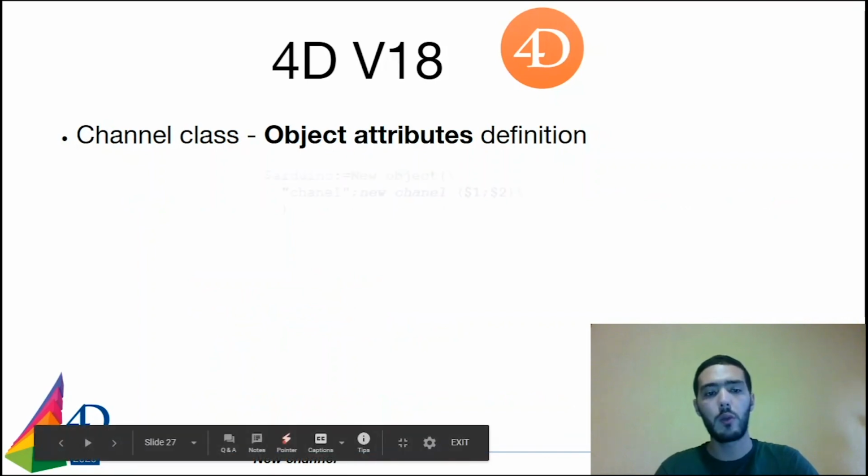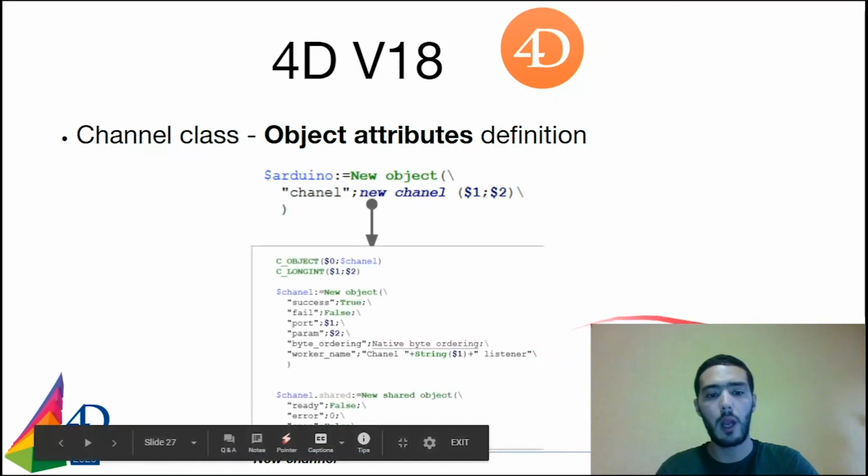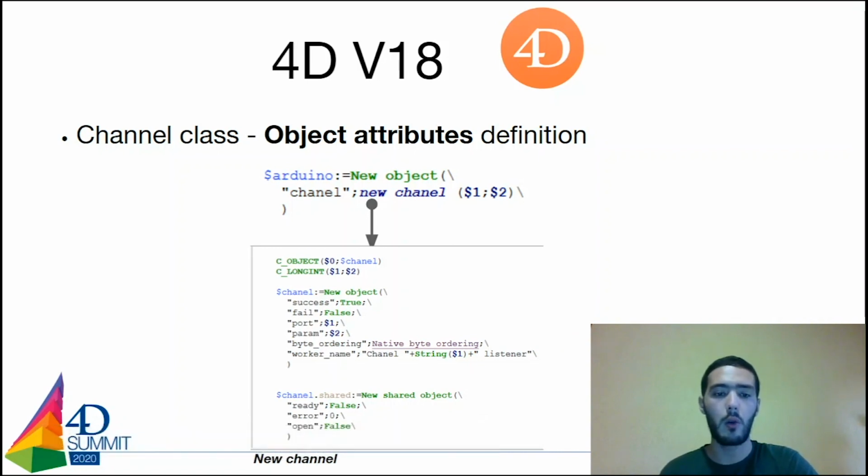For the channel class, we'll also be defining the object attributes. In this case, we'll have a number of parameters. This is the lowest abstracted object. So this one will have the most low-level definition attributes.